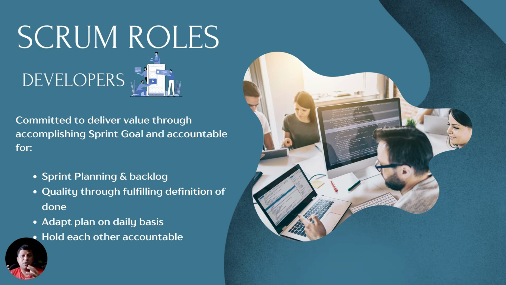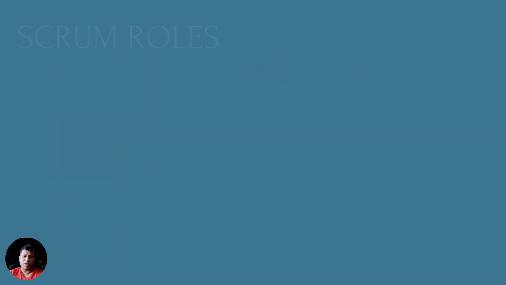So that is where we work together as a team, as a cohesive singular unit focused on accomplishing the sprint goal. So that is about the developers part of it.